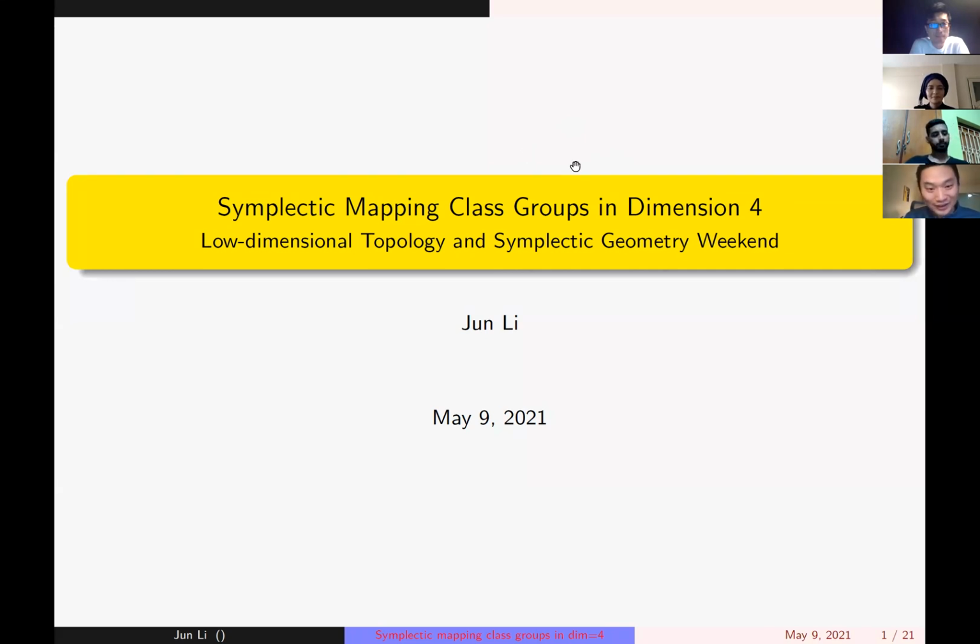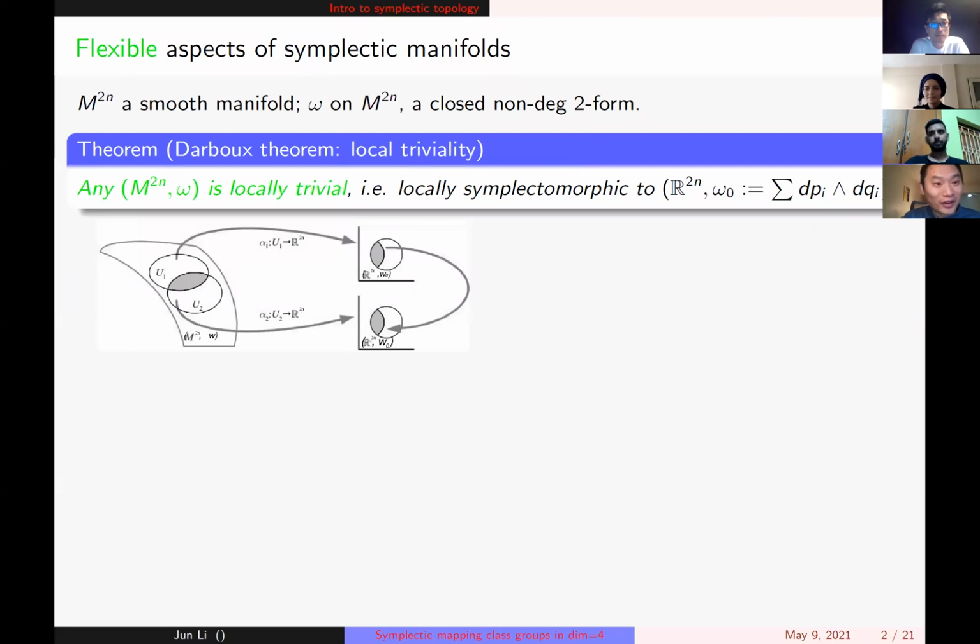Firstly, we mentioned some flexibility in yesterday's talks on symplectic manifolds. By a symplectic manifold, we mean a smooth manifold with a closed non-degenerate two-form.